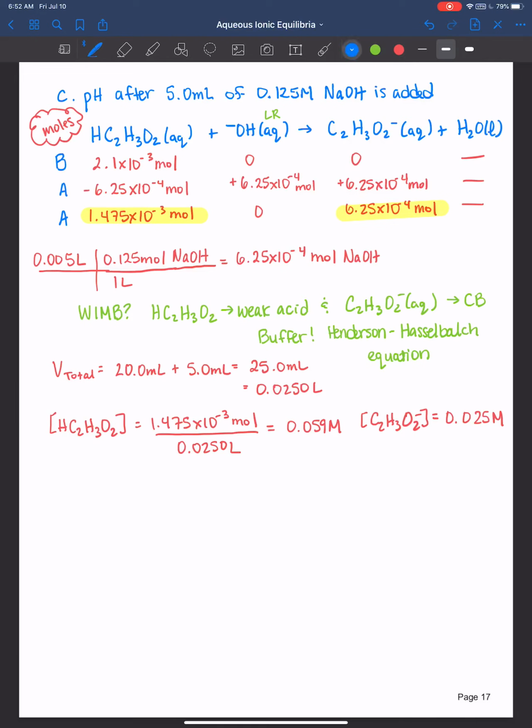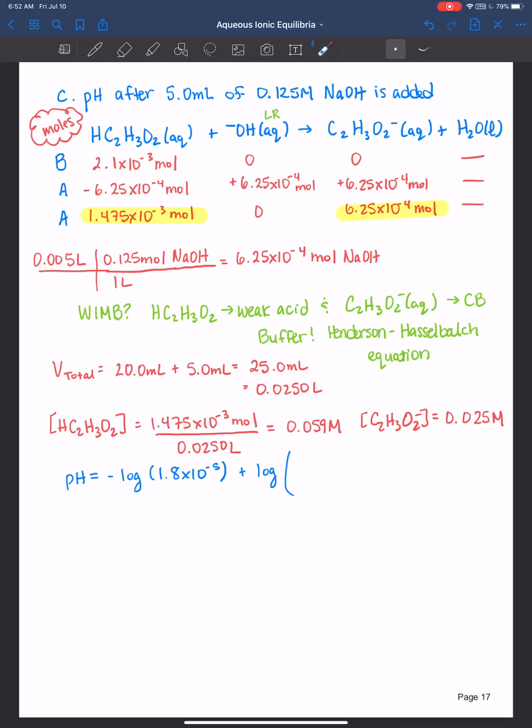So now I'm going to plug that in. Remember, Henderson-Hasselbalch is pH is equal to the pKa plus the log of the conjugate base over the acid. So pKa is negative log of Ka, so I'm going to say negative log of 1.8 times 10 to the negative fifth plus log of the conjugate base. So this is where also I've seen students accidentally flip them.